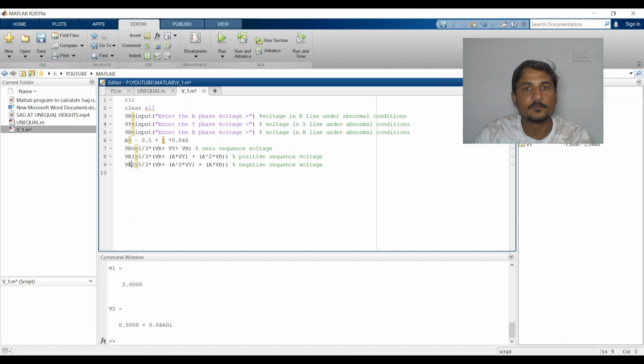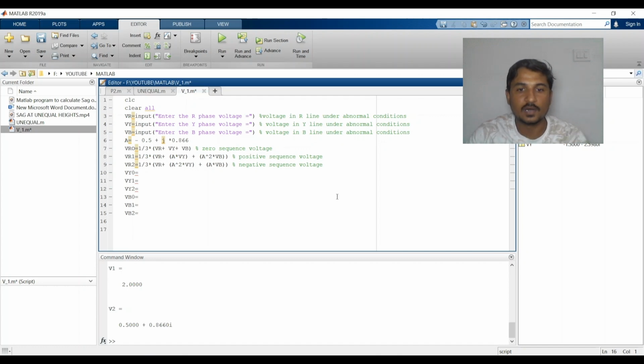If you want the same for Y phase and B phase, we can change the program as Vy0, Vy1, Vy2. Similarly, we can write it for Vb0, Vb1, and Vb2.